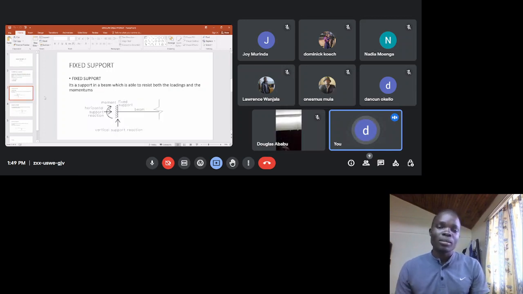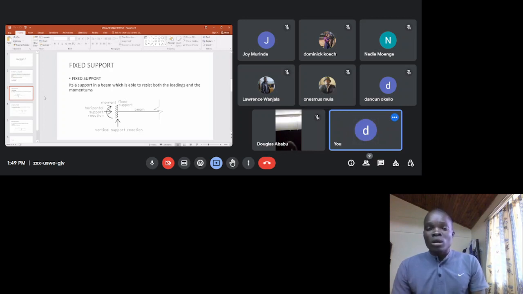So if we start with number one, which is a fixed support, it is a support which can resist the loads plus the moments. Because it is fixed at one side, that means the other side is hanging. Therefore, the fixed side can resist both the loadings and the moments.